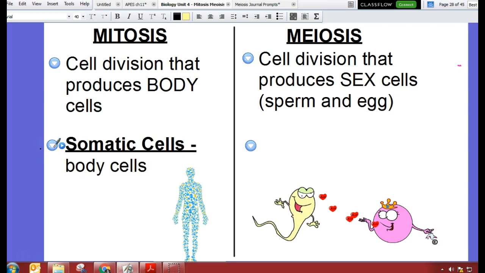So the fancy word for body cells is somatic cells. Somatic cells are the fancy word for body cells. Scientists typically don't use the word body cells, they use somatic cells.